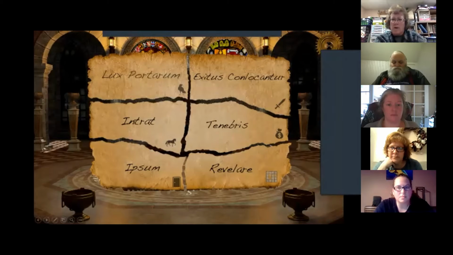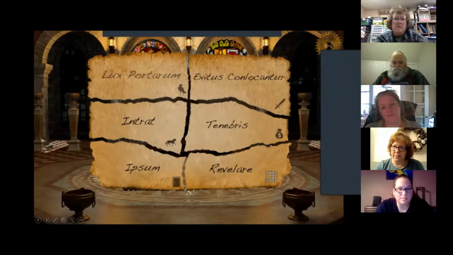That was a sword. Yeah, upper right. Okay. Unless they're things they're supposed to find. Horse. You heard that too, right?